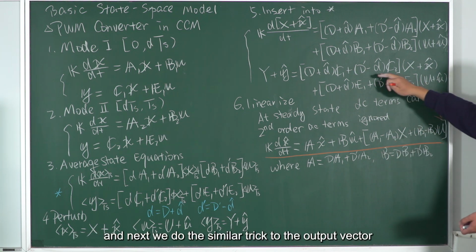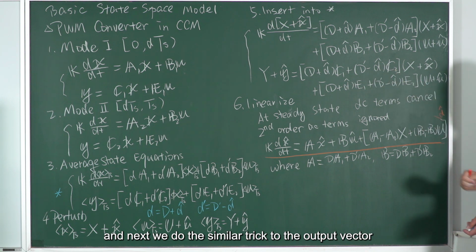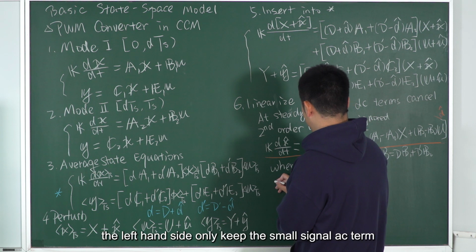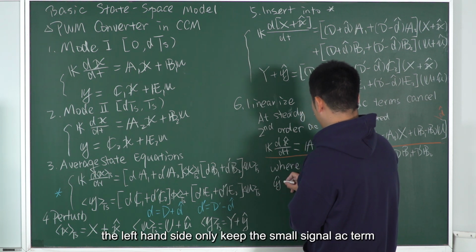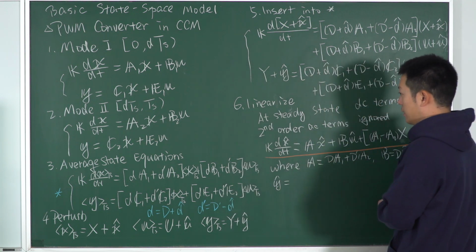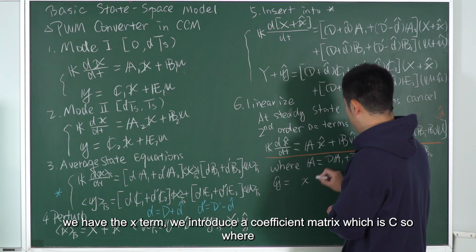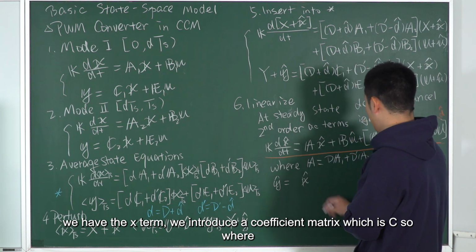And next we do the similar trick to the output vector. So we'll have the left-hand side only keep the small signal AC term. Right-hand side, we have the X term.